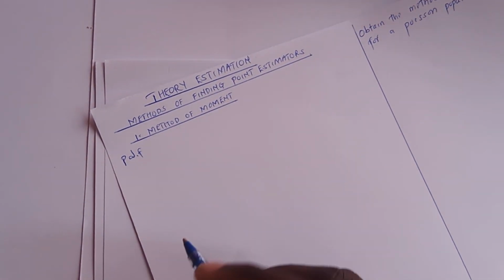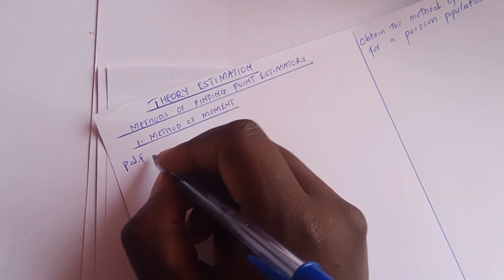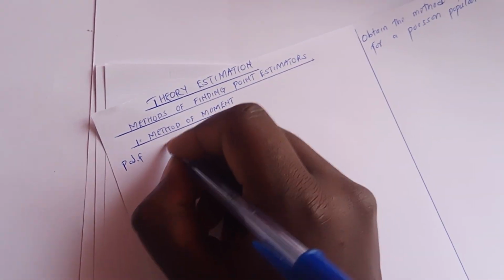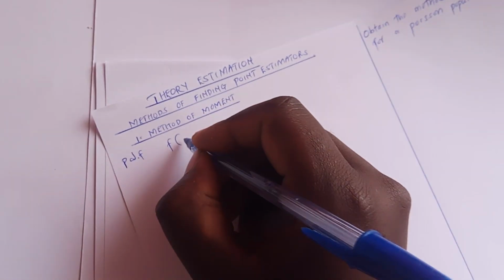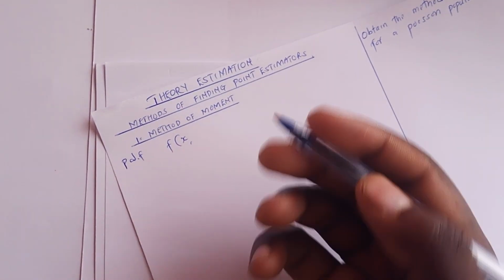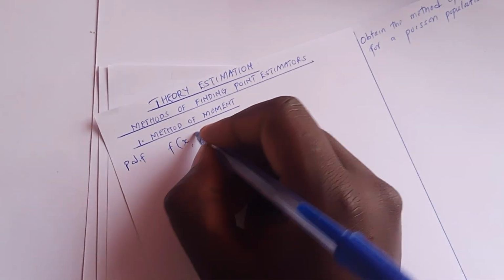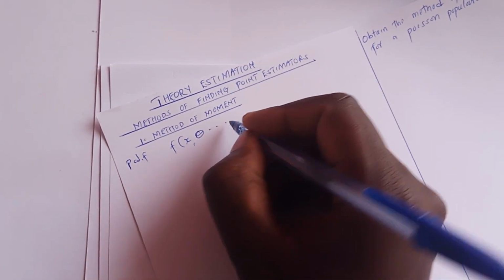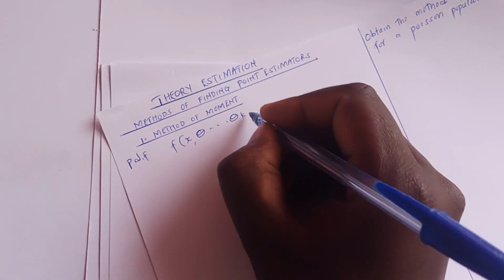Then, after knowing that PDF, for example, we have a PDF in this form, f of x with k parameters, say theta 1 all the way to theta k.